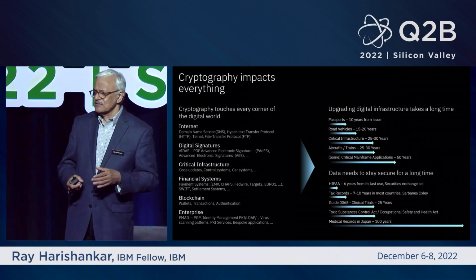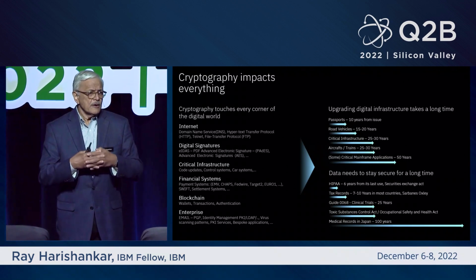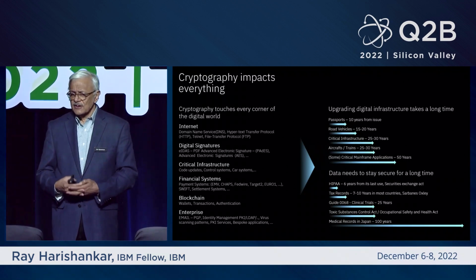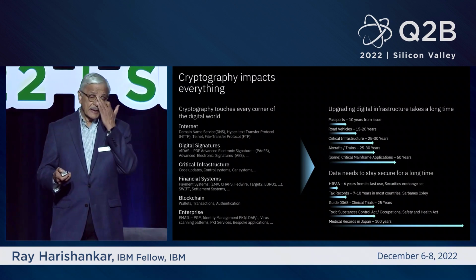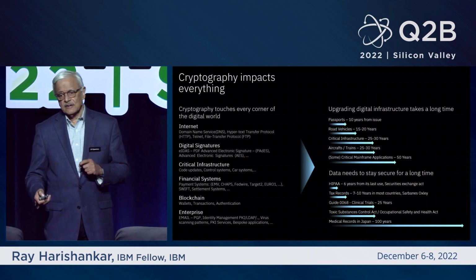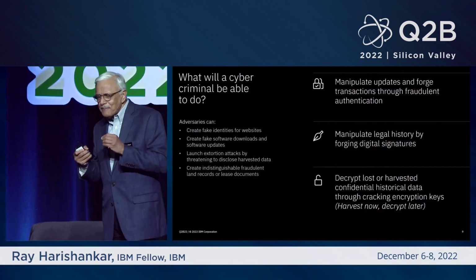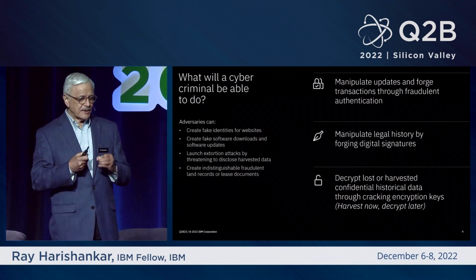The second is, we obviously have to store data for long periods of time for regulatory purposes and other reasons, right? So the data that you have needs to be protected as well. So there is a time sensitivity to the data that you have. That begs the question, so what can a bad actor do? What kind of nefarious actions can be taken?